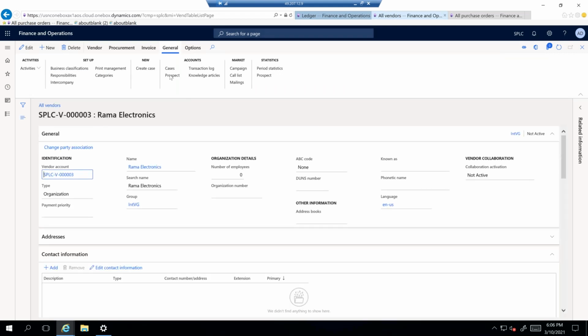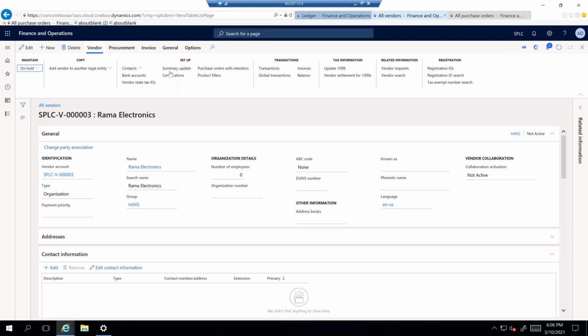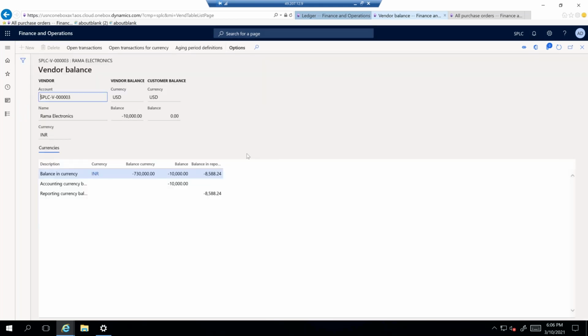That is the transaction currency. Now if you look at the vendor transaction balances, it is 7,30,000 INR they need to pay.